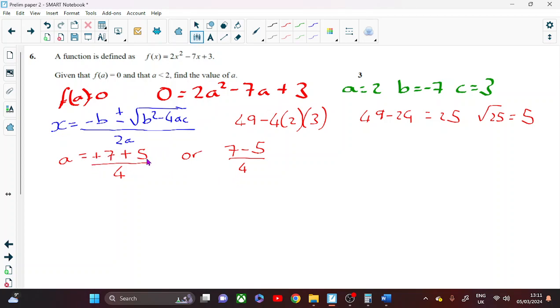So 7 plus 5 is 12 divided by 4, so a is 3, or 7 minus 5 is 2 divided by 4, so that's a is a quarter, and we need the value where a is less than 2. So the answer is a equals a quarter, because a equals 3 is too big. Okay.